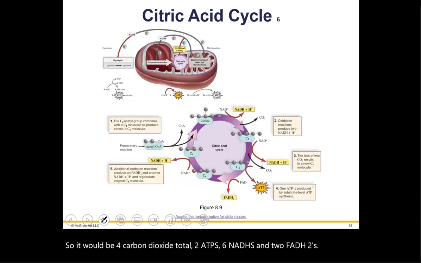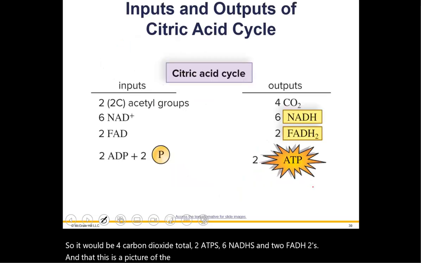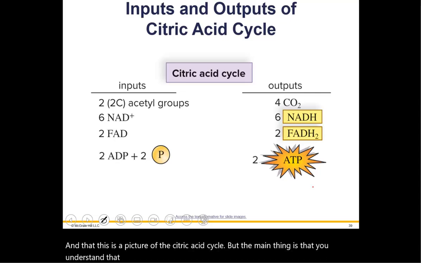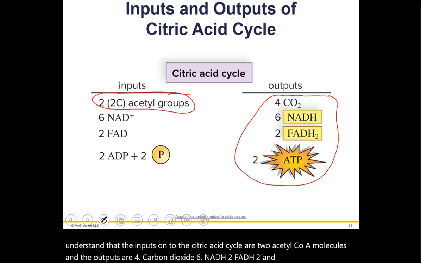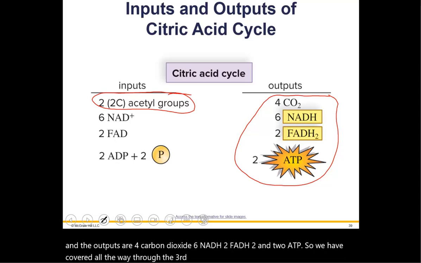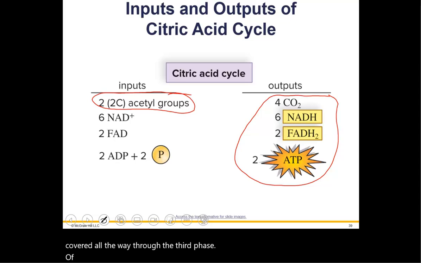And this is a picture of the citric acid cycle, but the main thing is that you understand that the inputs to the citric acid cycle are 2 acetyl-CoA molecules, and the outputs are 4 carbon dioxide, 6 NADH, 2 FADH2, and 2 ATP. So we have covered all the way through the 3rd phase of cellular respiration.